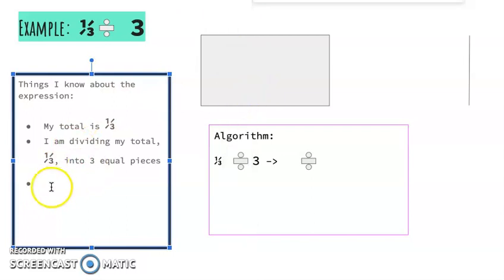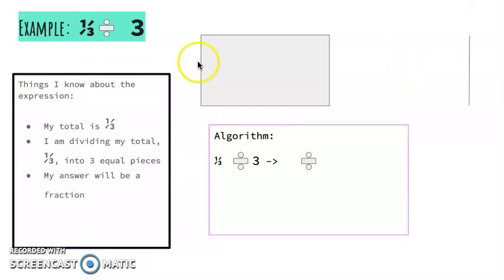So the last thing I know about this expression is my answer will be a fraction. Okay, so now that I know that my total is 1/3, I am dividing this 1/3 into 3 equal pieces. And I know that my answer is going to be a fraction.